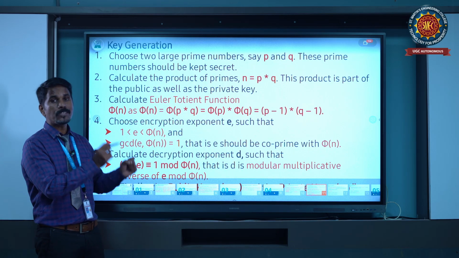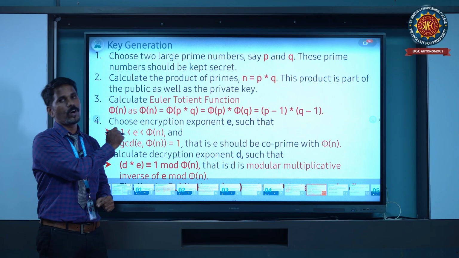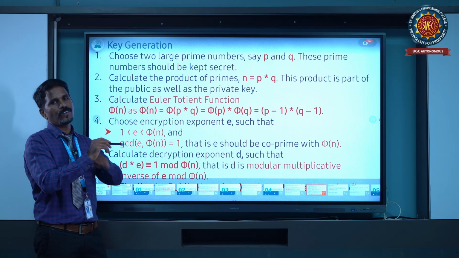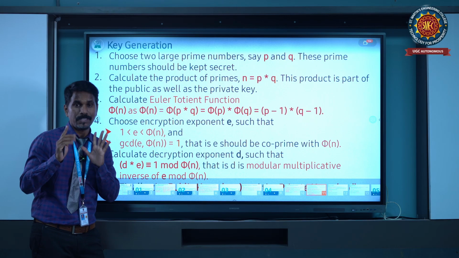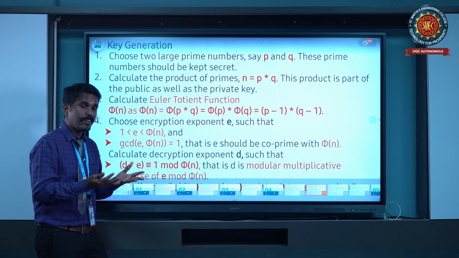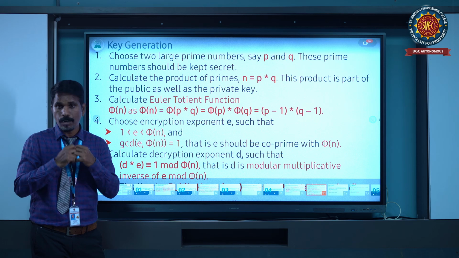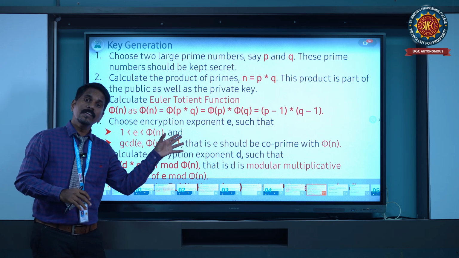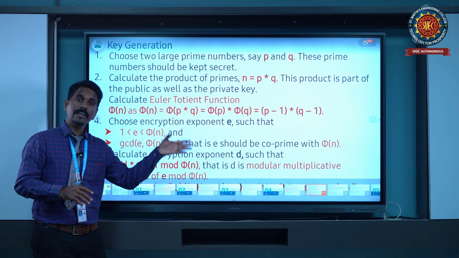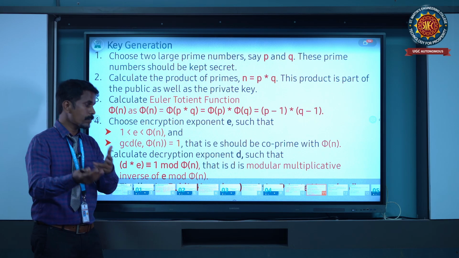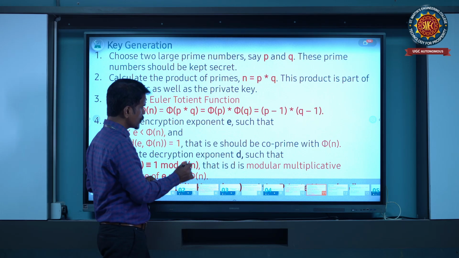Why is it called the modular multiplicative inverse? Because when we take the inverse, the receiver can extract the original message. If not done, we could not retrieve the original message, because the message is first encrypted, then decrypted using the private key. So this is the process.